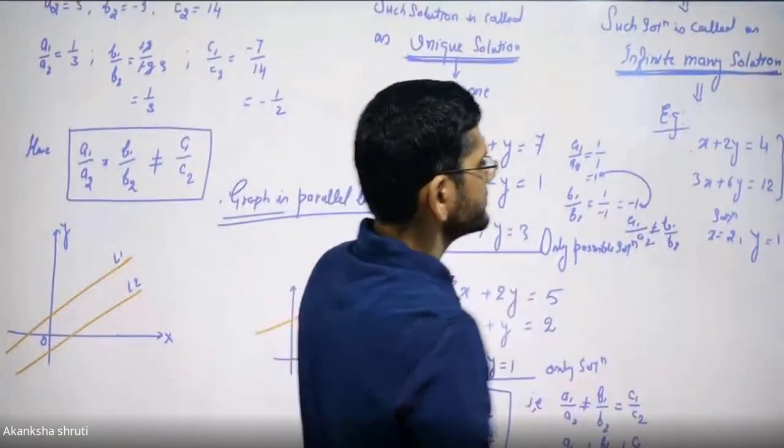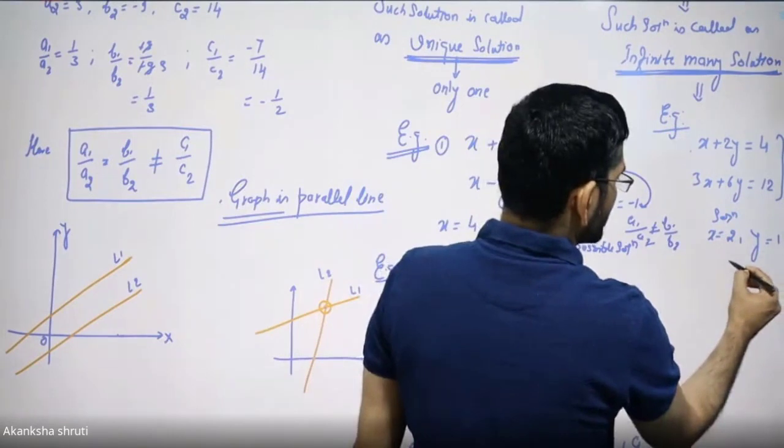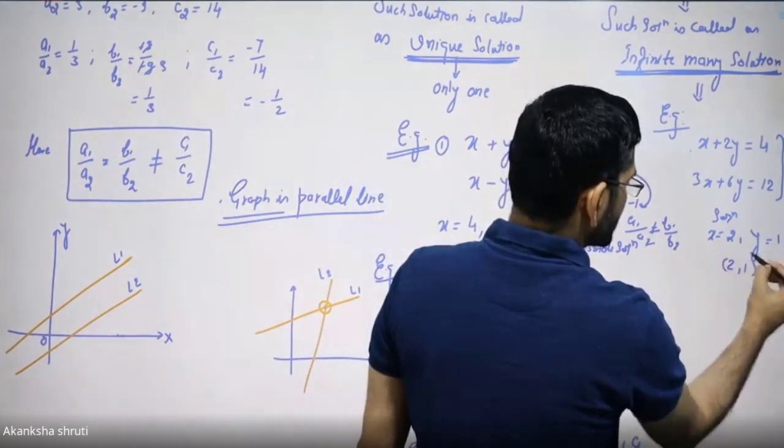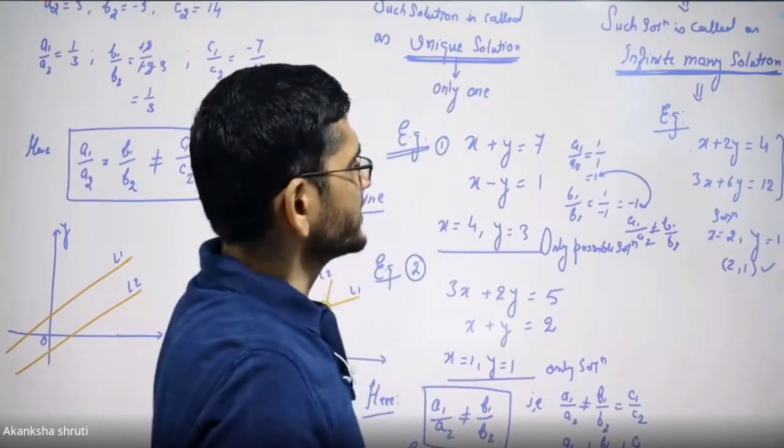Now, let us choose another value of x and y. So this 2 and 1 is one possibility. Let us try with another. What could be the other thing?